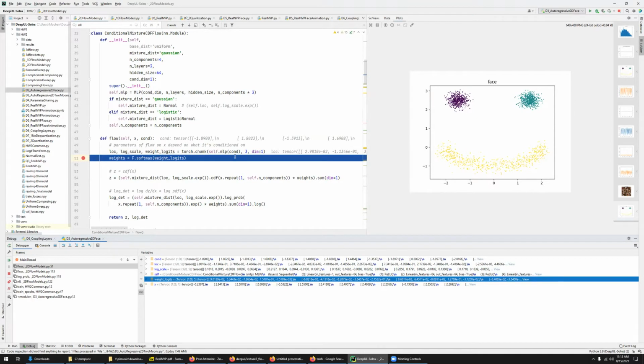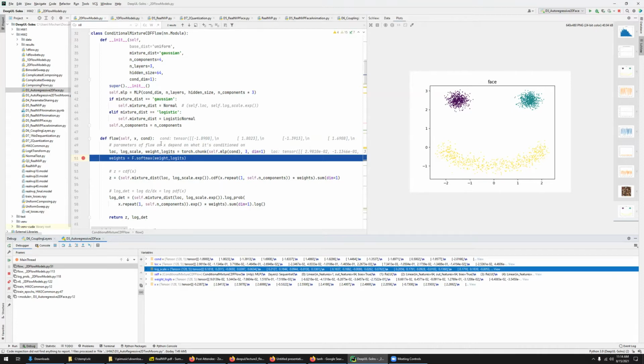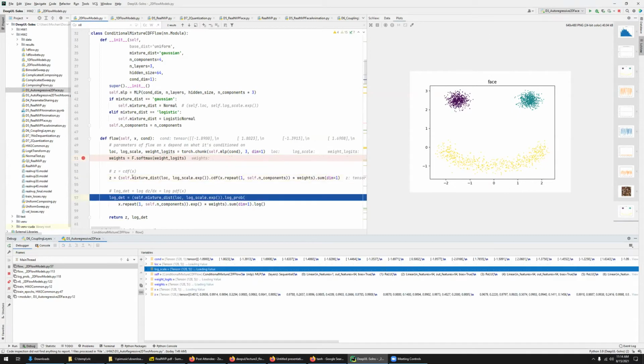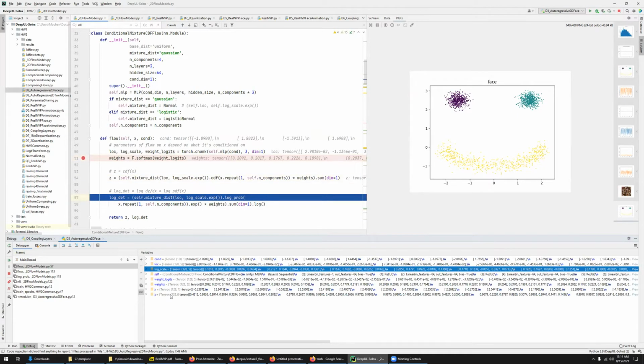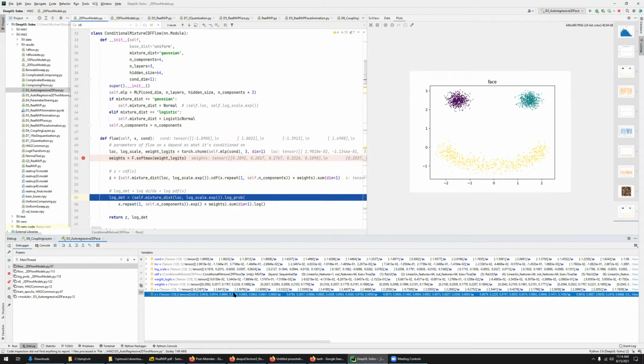So each x has its own set of 5 Gaussian components. It's 128 by 5, right? So 128 by 5, and then all of these are put together into Z, which is again 128. Right. So this is the Z2 part of it, and that's all that's going on in this one.